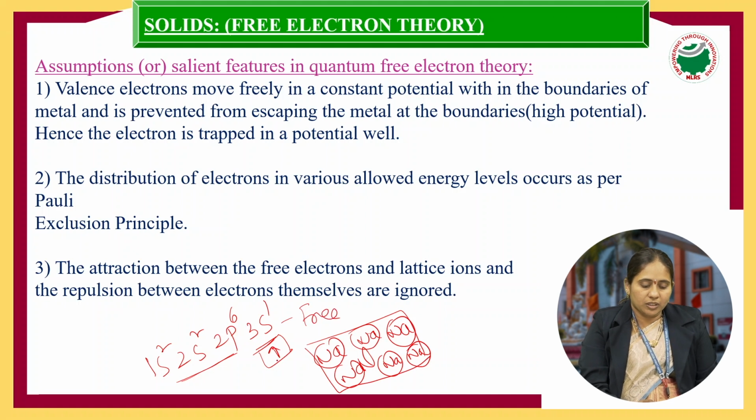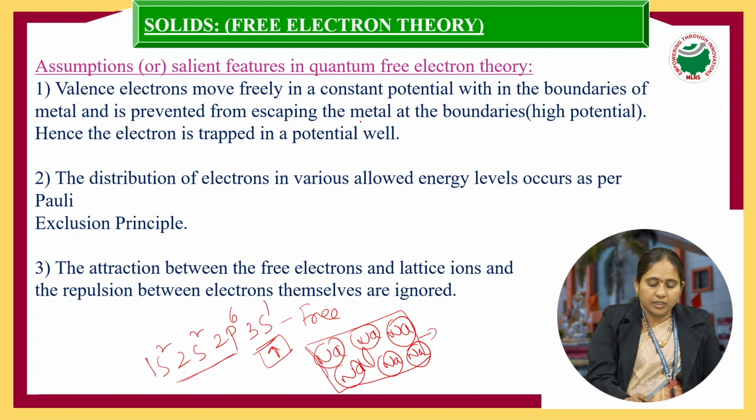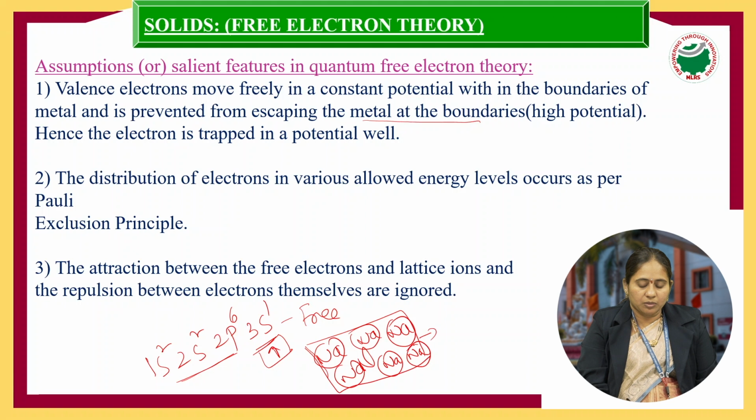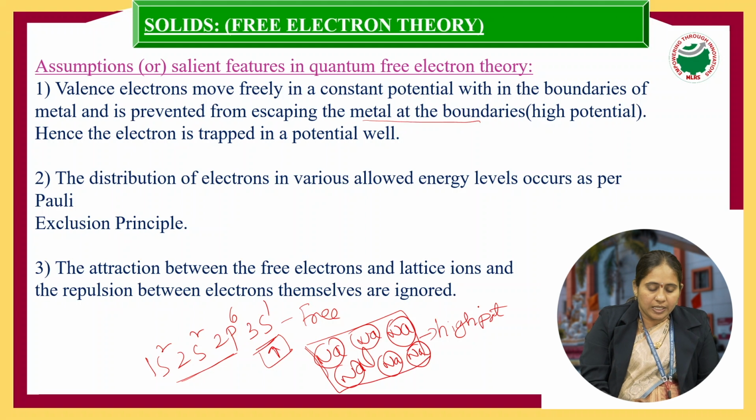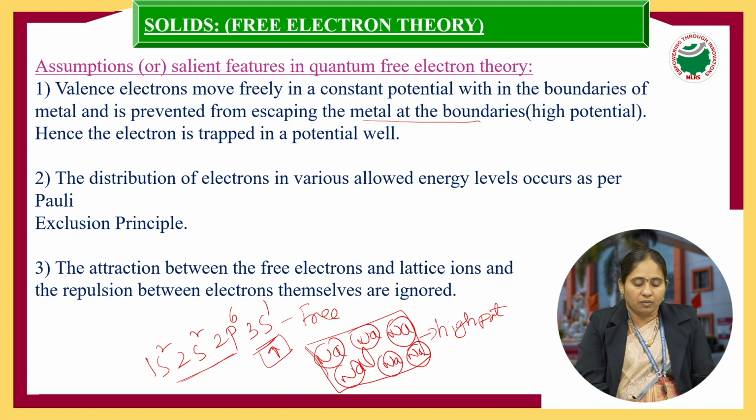These free electrons move inside the metal, throughout the metal. They do not escape from the surface of the metal. The metal surface acts like a boundary, a high potential. So electrons are trapped inside the potential, which means the metal acts like a potential well.